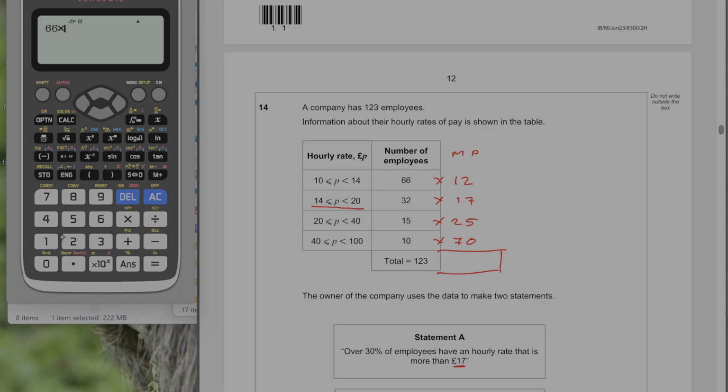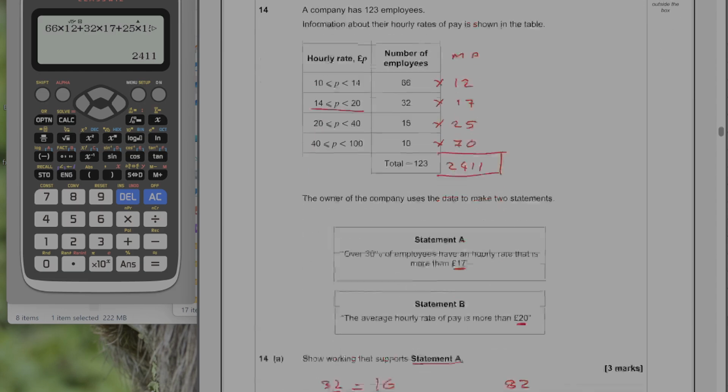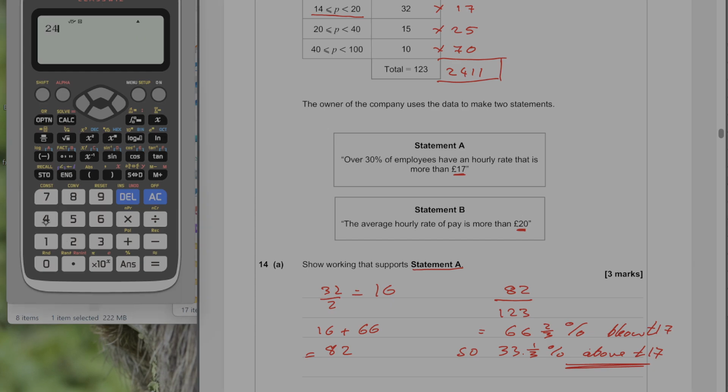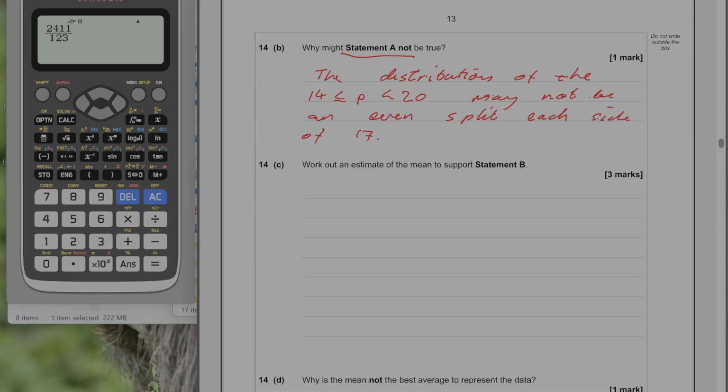So 66 times by 12 plus 32 times by 17 plus 25 times by 15 plus 70 times by 10. Let's just check the figures there. Out the ordinary, that looks right. So 2411. So my estimated mean is going to be 2411 over 123.